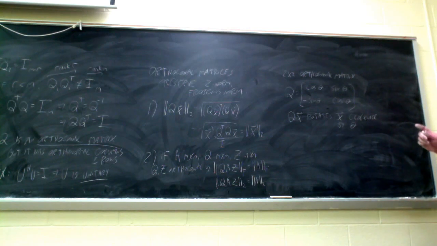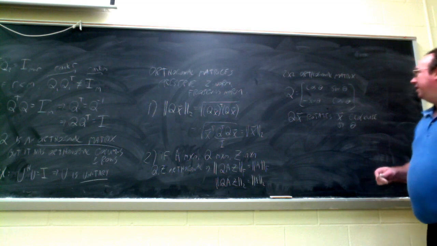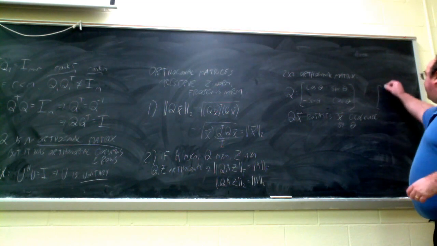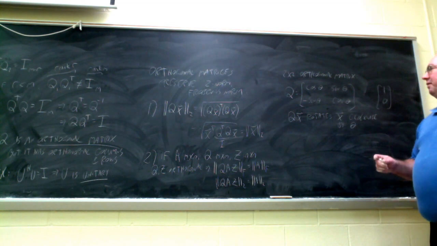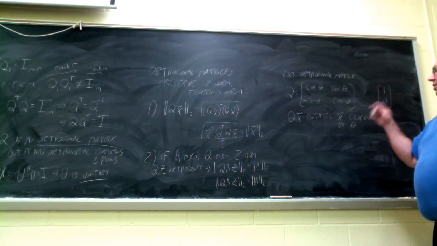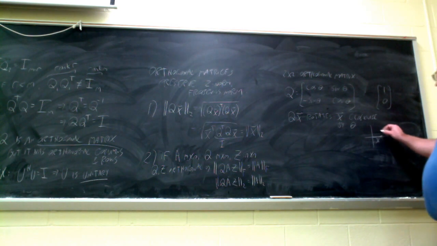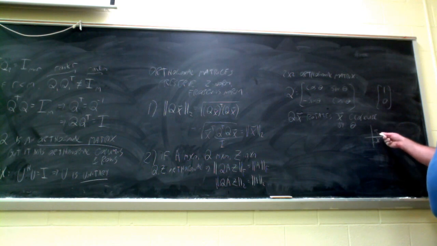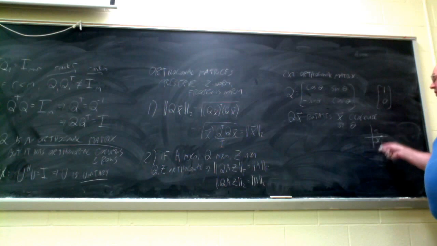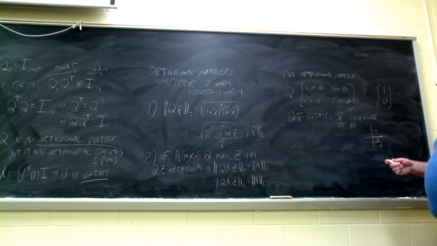I don't always remember whether this particular rotation is clockwise or counterclockwise, so the way I convince myself is to multiply this by the vector 1, 0. Here's your original x, 1, 0. Is it going to rotate this way so that the y component is positive, or this way so that it's negative?